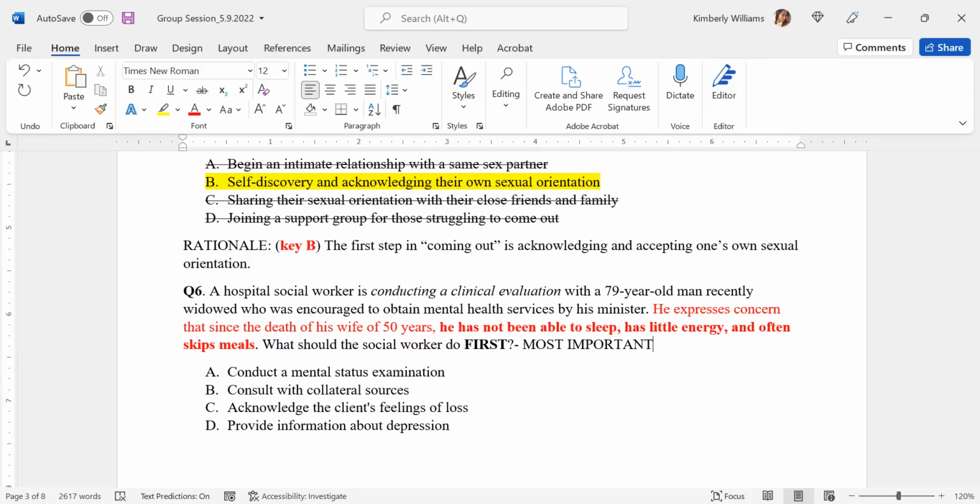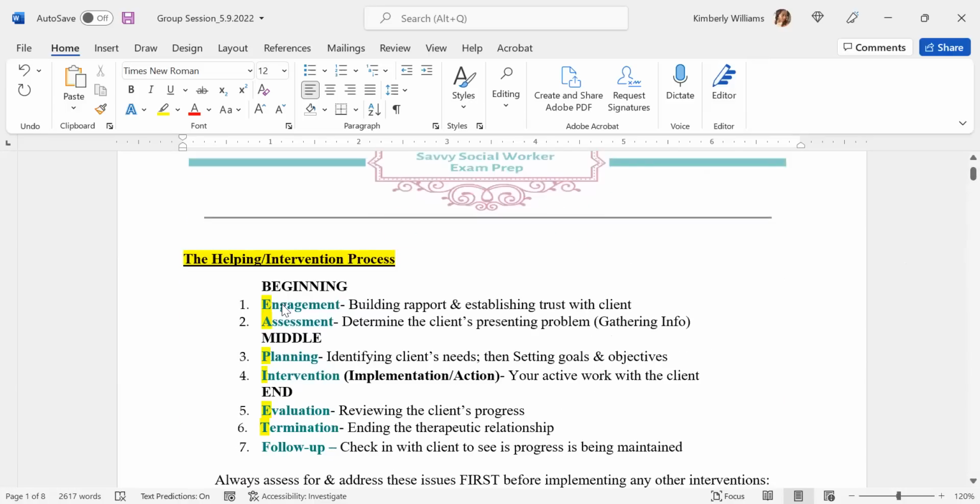Exactly. All right, so Miss Yolanda, is the most important thing we're going to do about this man? We're doing a clinical eval, so we're in the beginning, and y'all, I'm going to take y'all back up here. When we're in the beginning, that means we are engaging and assessing. So our answer has to be doing one of these, because that's where they say we are. We can't be ending a therapeutic relationship in the beginning.